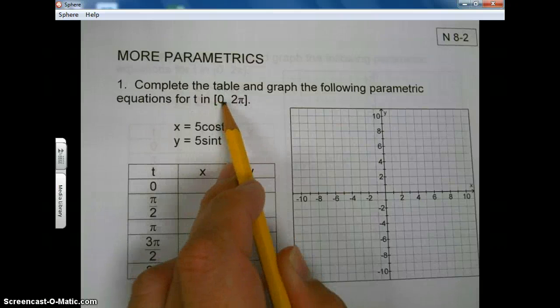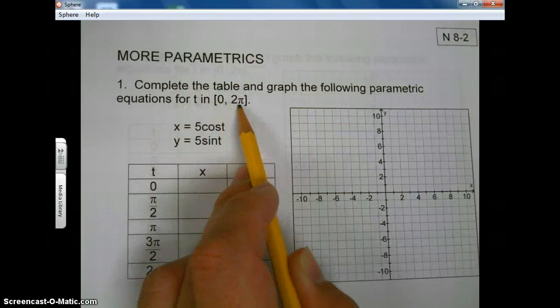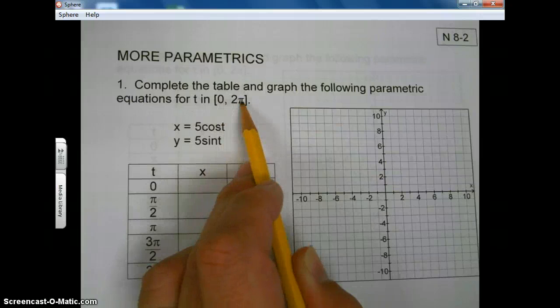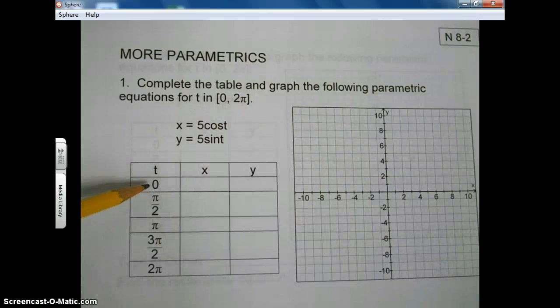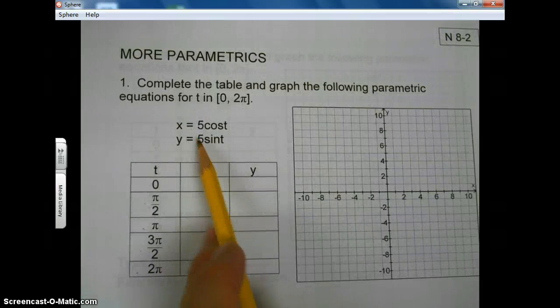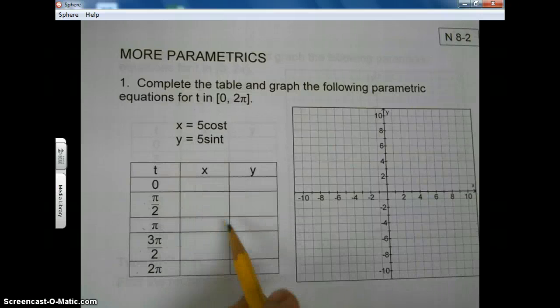What gives that away? The pi. So 0 radians to 2 pi. I've already broken it down for you, starting at 0 and going 90 degrees, or pi over 2 radians. I broke 2 pi down by pi over 2 radians. So we're going to use these two parametric equations to fill in our table.